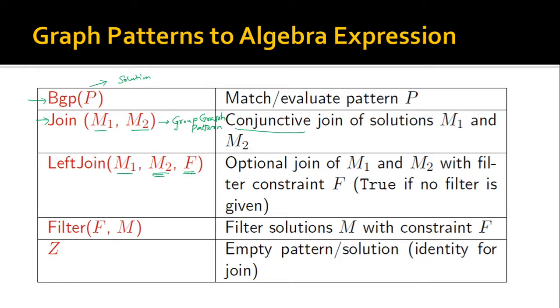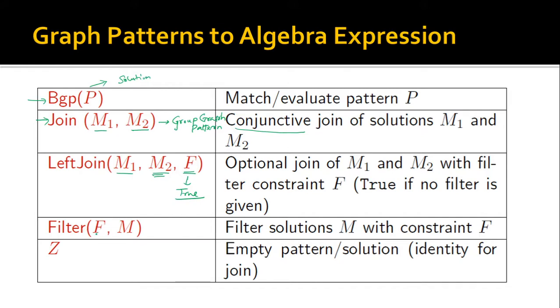So in that case, F will be a parameter of this left join, but you may not see any constraint imposed in the right part of the join. So in that case, this F will always be true. So everything that you get out of this joining, they will be passed to the output stream, right?